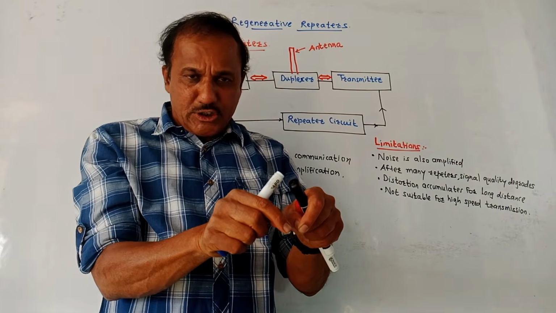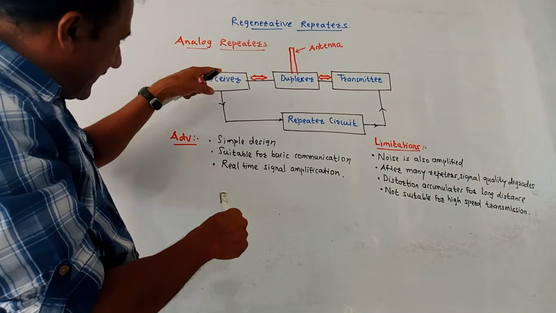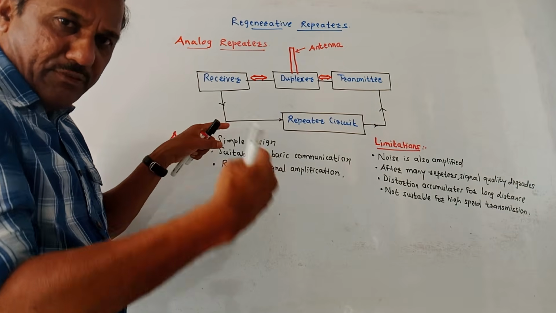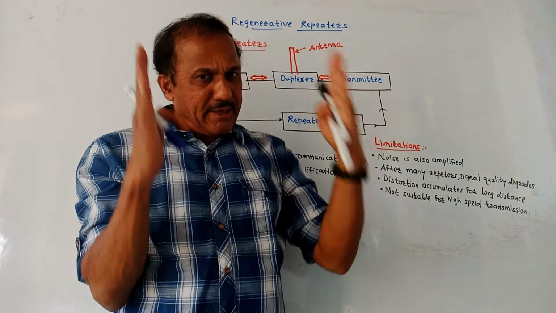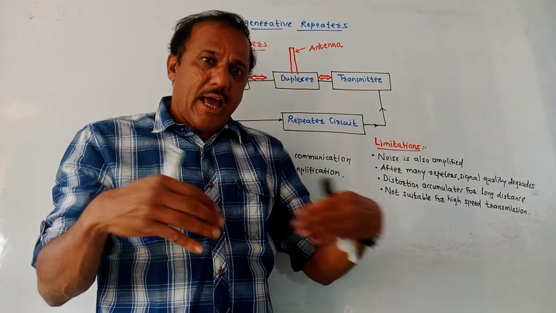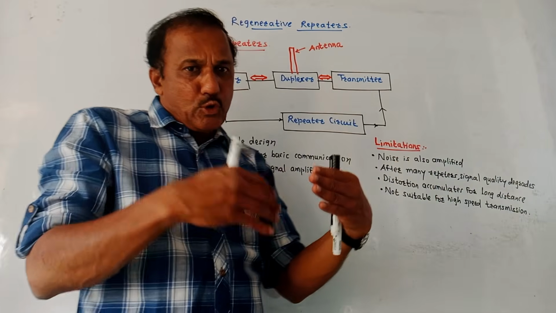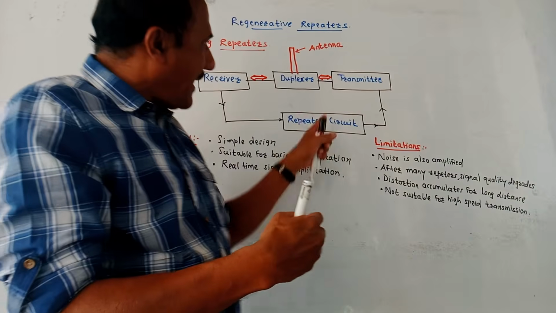Initial amplification and initial filtering are performed, and then these signals are applied to the repeater circuit. The repeater circuit performs the main amplification, amplifies the signal and produces an almost accurate signal at the output.